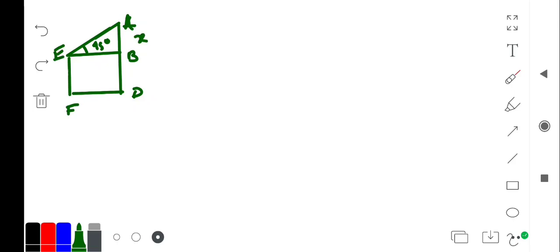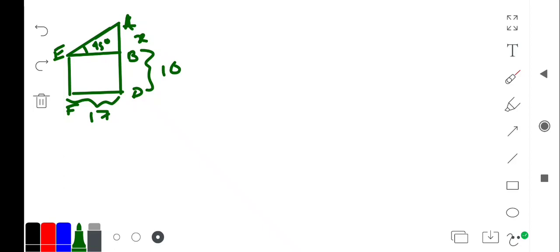That is X, the total length. Okay, this is given, this is 10 and this is given, that is 17.